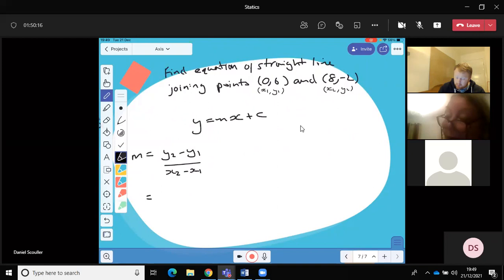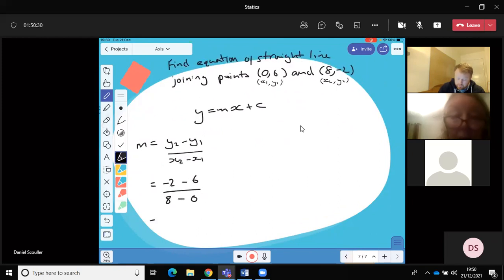So y2 minus y1, that's 2 minus 6. x2 is 8, x1 is 0. That's minus 8 over 8, which gives a gradient of minus 1. So we found out the gradient.